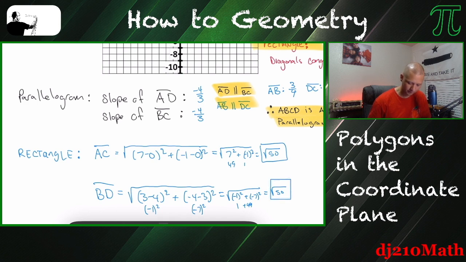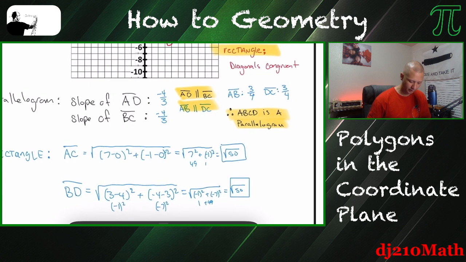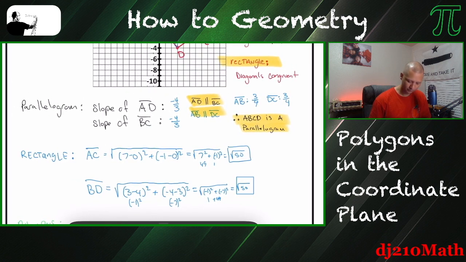Again, it matches. So here we can conclude that segment AC is congruent to segment BD, and therefore ABCD is a rectangle.